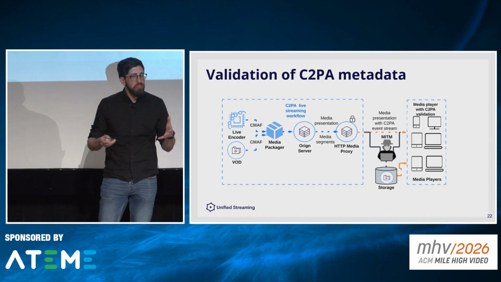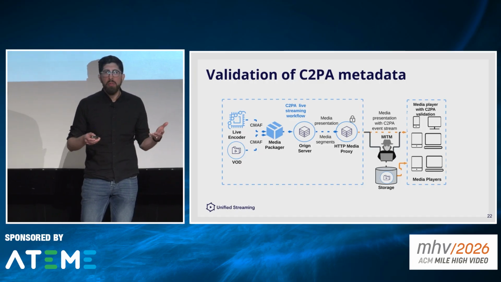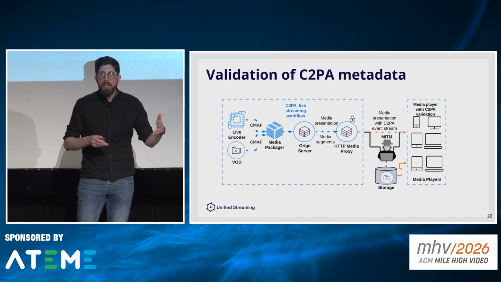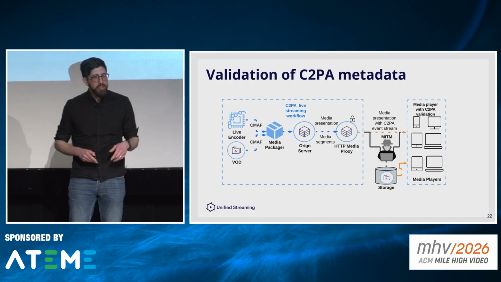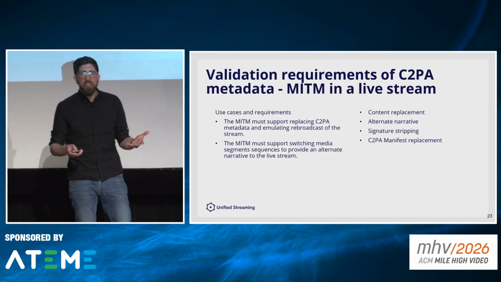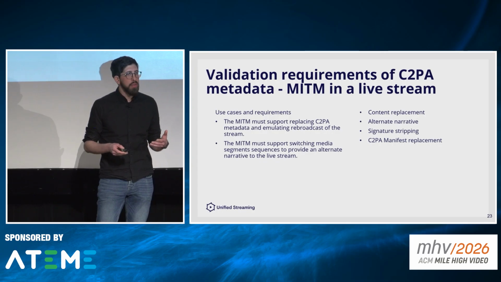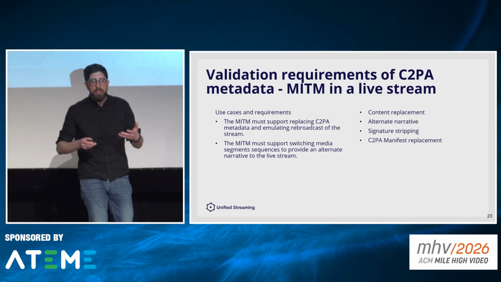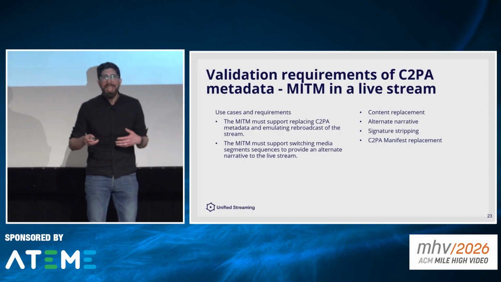So here is a little bit of an overview of how the man in the middle sits in between this HTTP media proxy and the media players. And there are a couple of requirements for the man in the middle: it must replace C2PA metadata and emulate a rebroadcast. And it must support switching media segments or sequences to provide an alternate version.